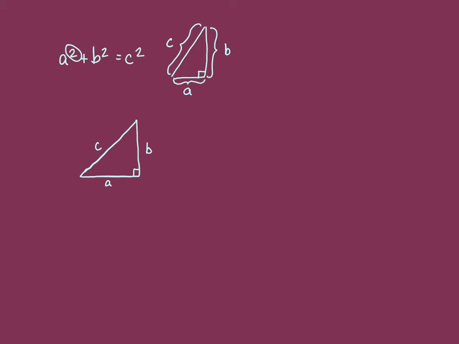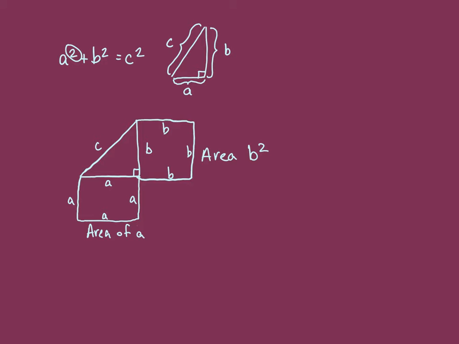This is B and this is C. Let's say that we had a square where all sides were B. We had a square, that doesn't look like a square, but let's just assume that all of these sides are equal and they're A. Now, if we added the area of this square, if we added the area of A, which is a square number, plus the area of the B, or B squared, it would equal the same area as the area of C, or the C squared.